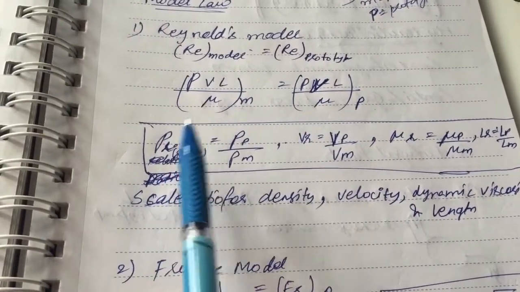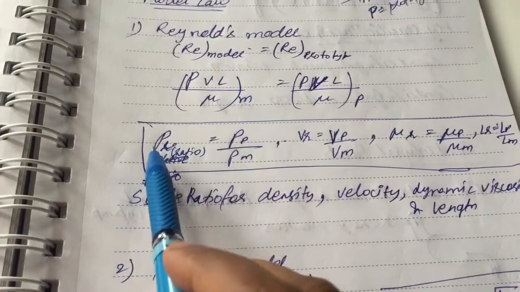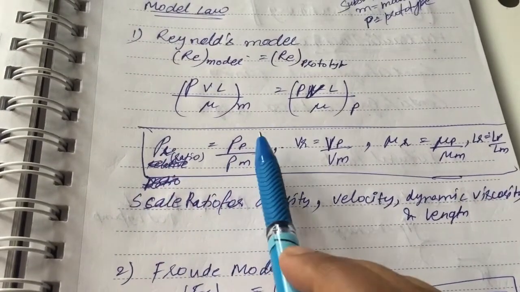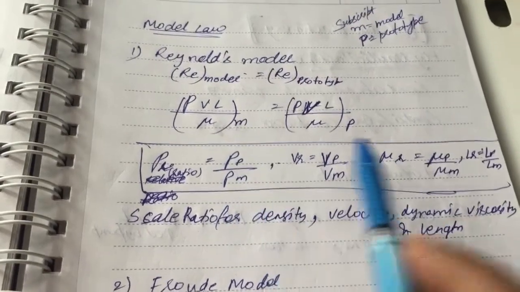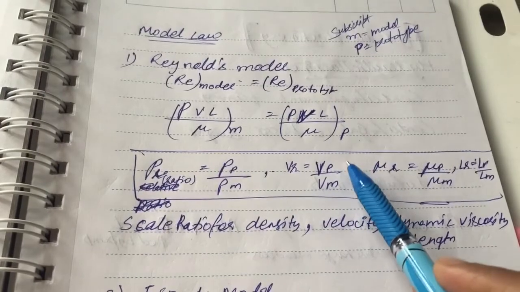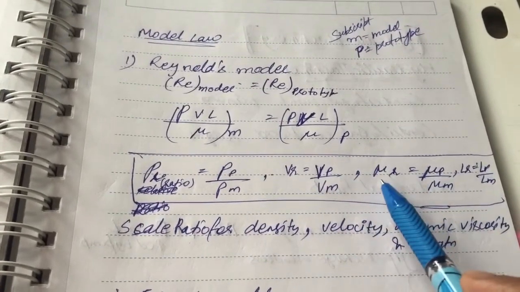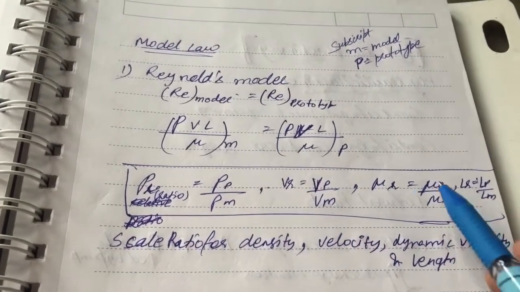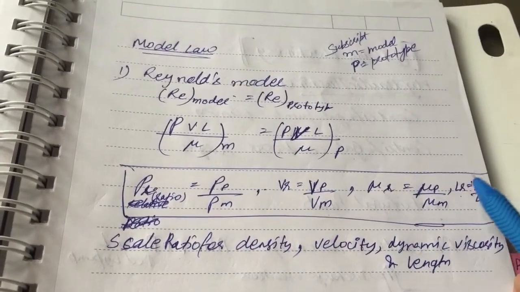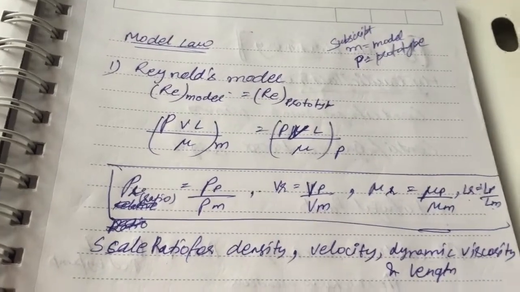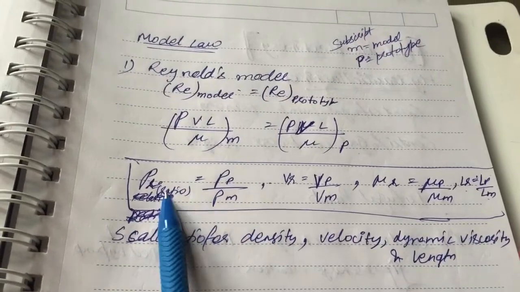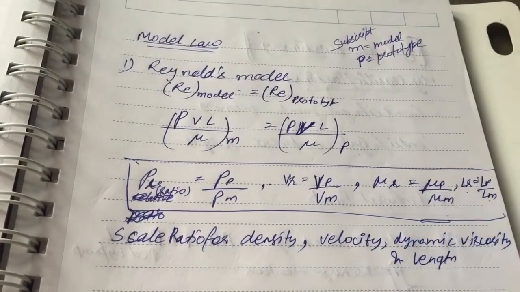Then we have density ratio, rho R is rho p by rho m, and velocity ratio VR, which is velocity of prototype by velocity of model. Mu R is mu p by mu m, and LR is LP by LM. So these are scale ratios for density, velocity, dynamic viscosity and length.